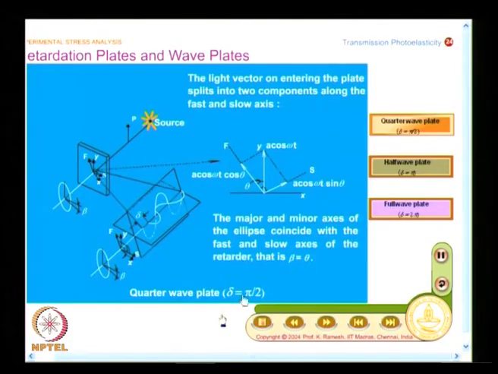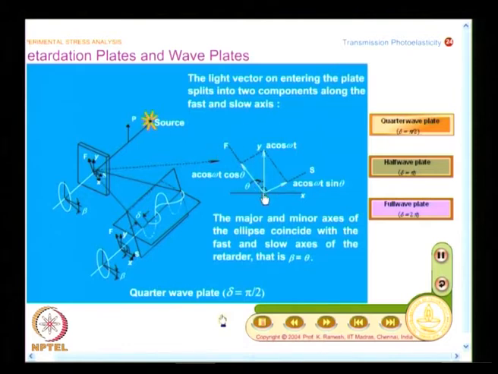And what is the advantage when delta equals pi by 2? We have already seen from various states of polarization that the major and minor axis of the ellipse coincide with the reference axis. Here it is labeled as fast and slow axis, and essentially the azimuth of the ellipse is 0 if I have this as horizontal.